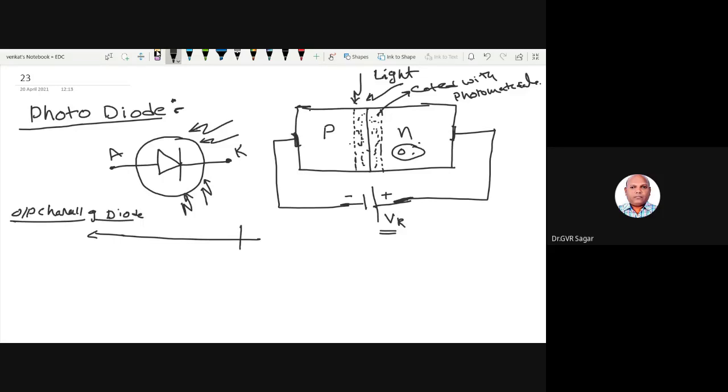This axis is the current I in microamps, because the reverse current is always in microamps, and this is the reverse voltage VR. For different lumens, what is the reverse saturation current generated in the PN junction diode?